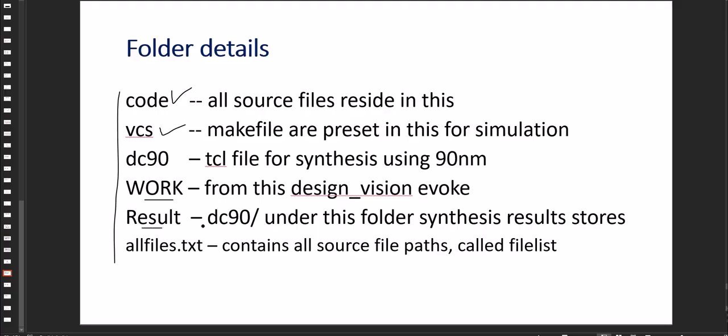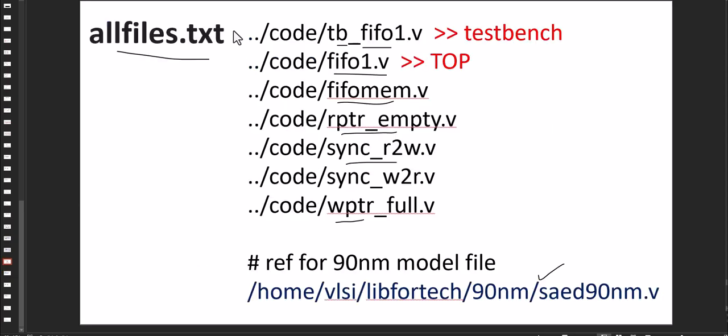Under the result folders there is a DC90 nano folder which has the synthesis result, which is our gate netlist result that we use for the simulation in synth mode. And obviously there is a file list called allfiles.txt.